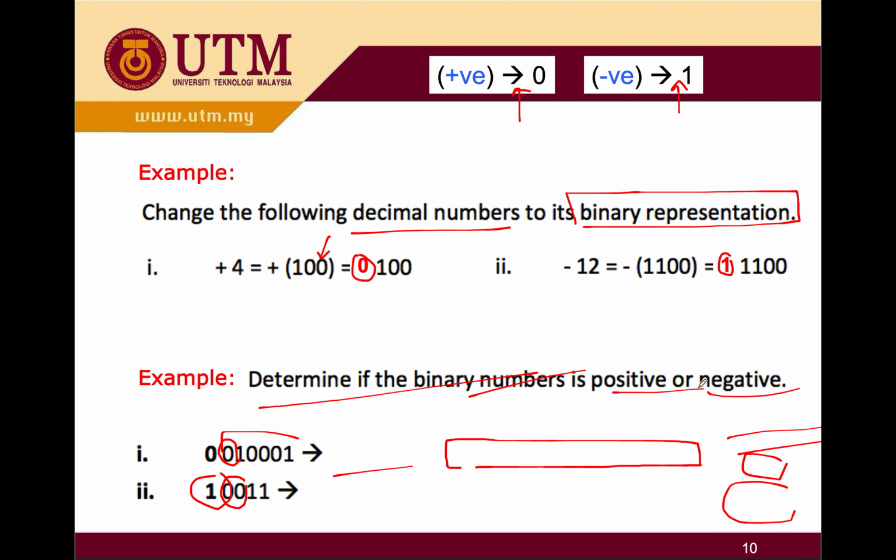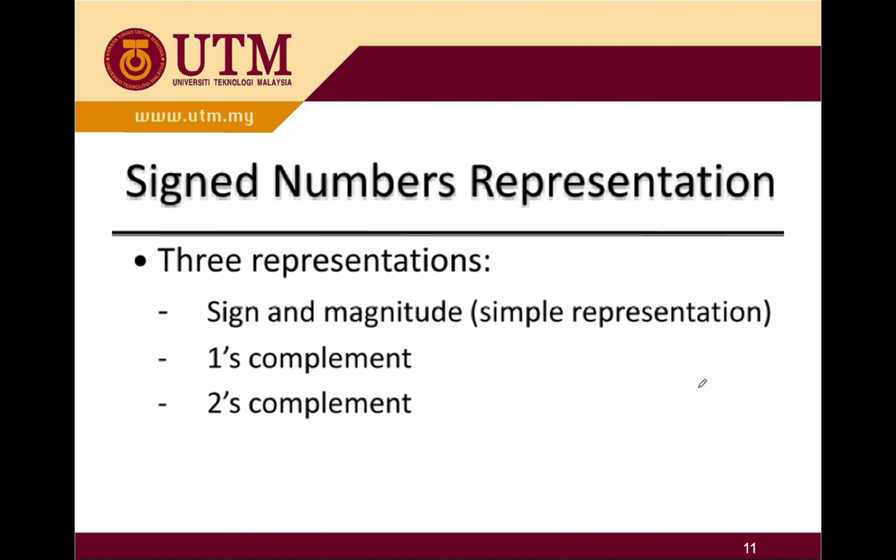But when you play around with the signed number representation, especially the complements, you might be a little bit confused, but just focus on this. It's quite easy if you really understand and just apply the equation.